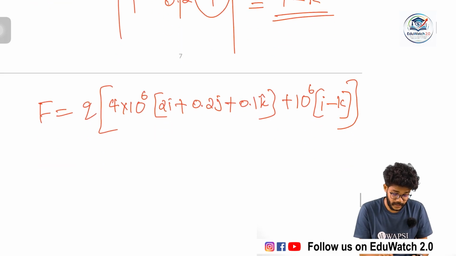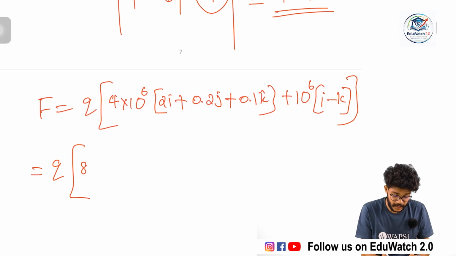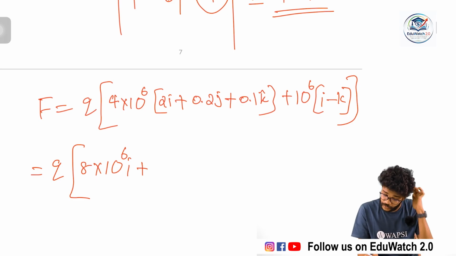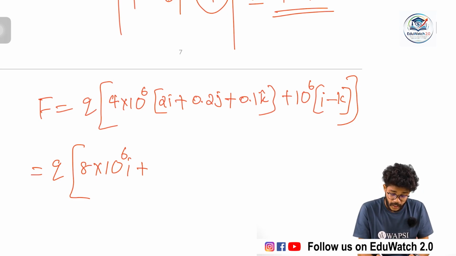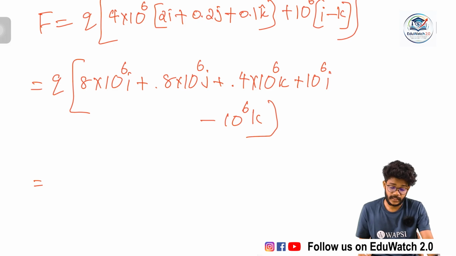Okay, we can multiply these quantities, is equal to q into 2 into 4 is 8, 8 into 10 raised to 6 i plus 0.2 into 4 is 0.8 into 10 raised to 6 j plus 4 into 0.1 is 0.4, 0.4 into 10 raised to 6 k plus 10 raised to 6 i minus 10 raised to 6 k. Okay, so we can add these quantities.